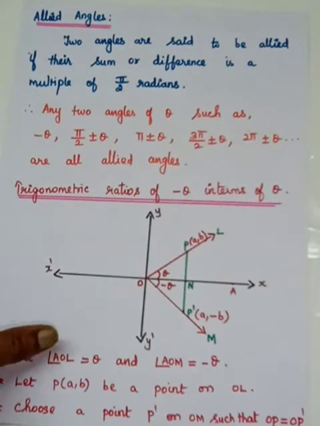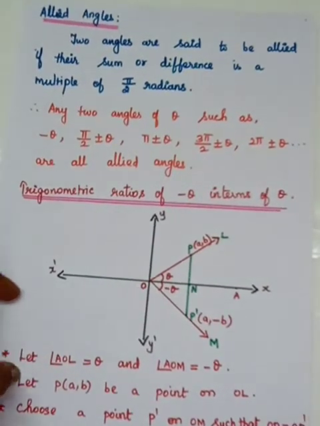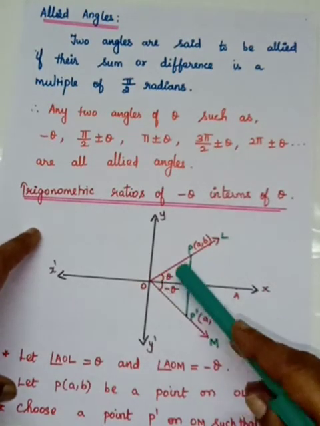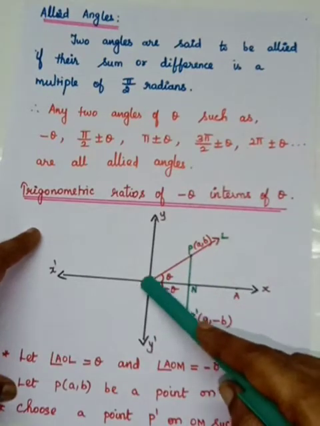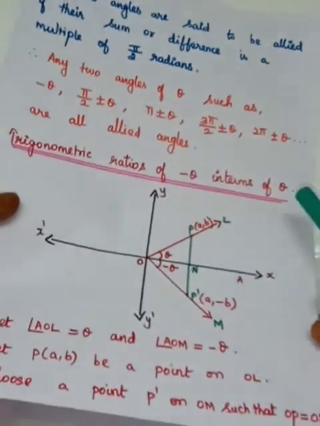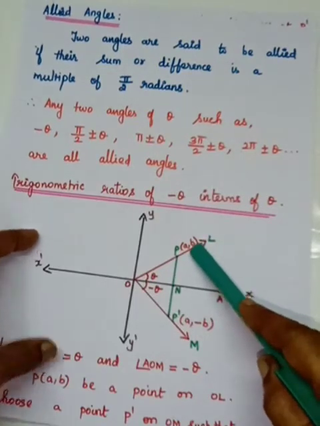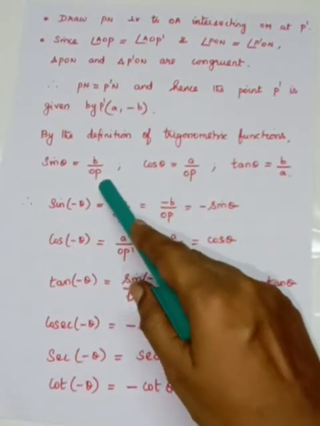Okay, so see now, by the definition, what is sine theta? Opposite side by hypotenuse. Here you have theta. What is the opposite side? PN. What is the hypotenuse? It is OP. This PN is B. So therefore sine theta is equal to B by OP.